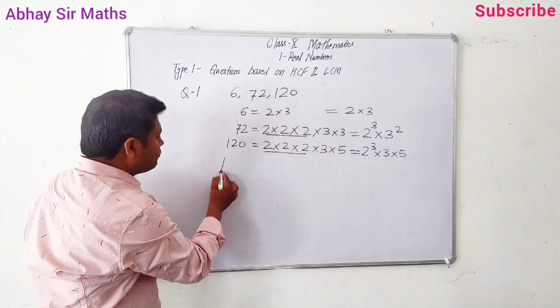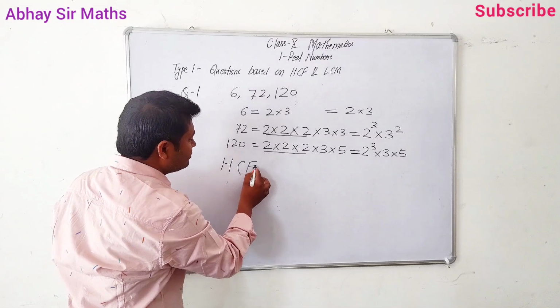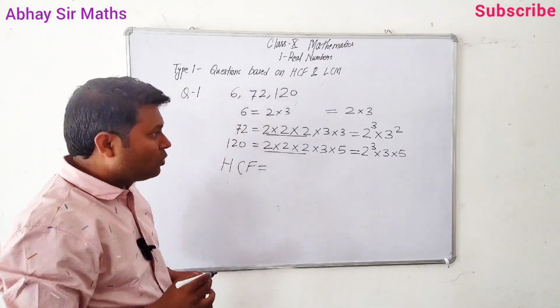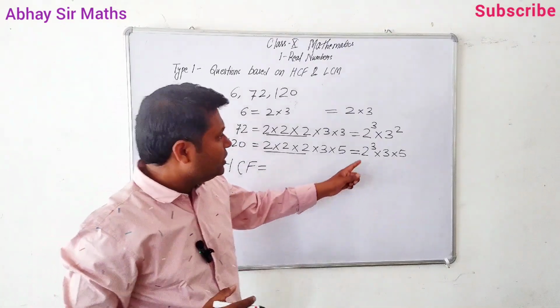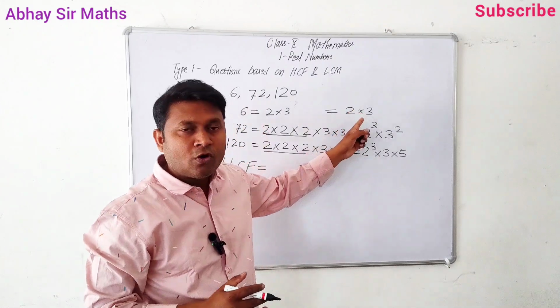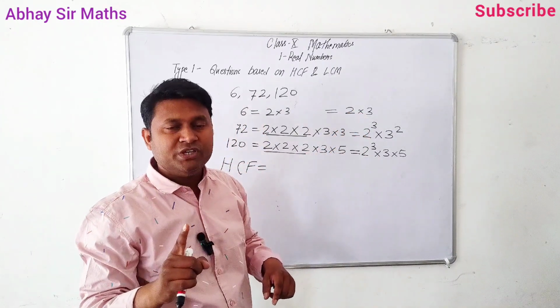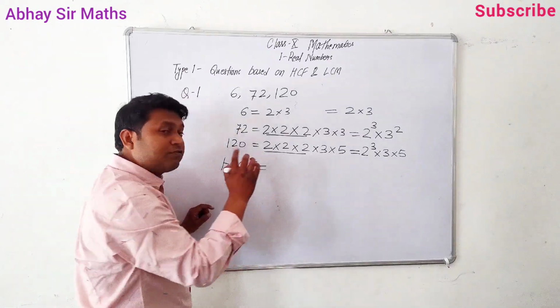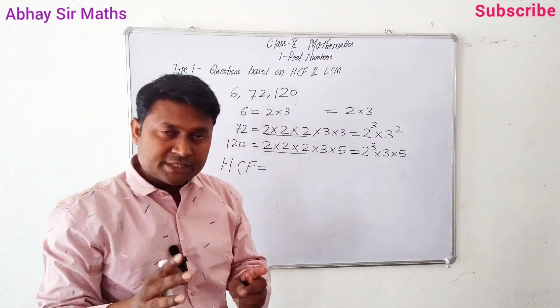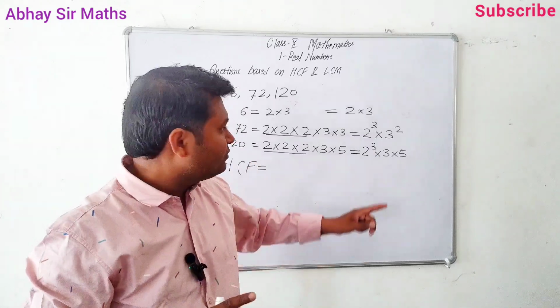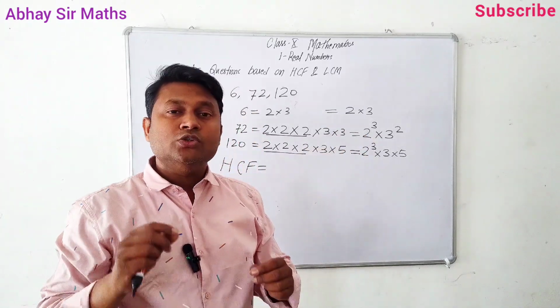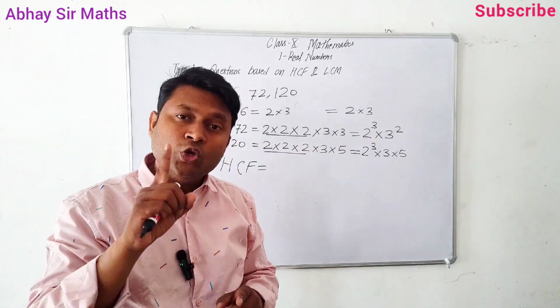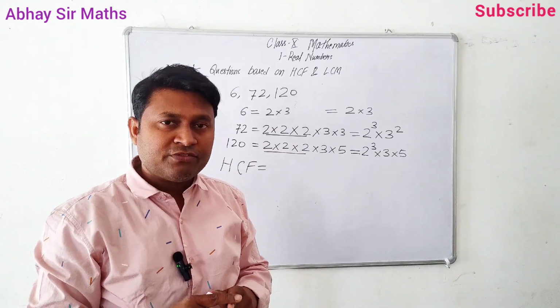So children, for finding HCF, we need to look for the lowest power of the common factor. Remember this: for finding HCF in these types of questions, you need to look for the lowest power of the common factor.